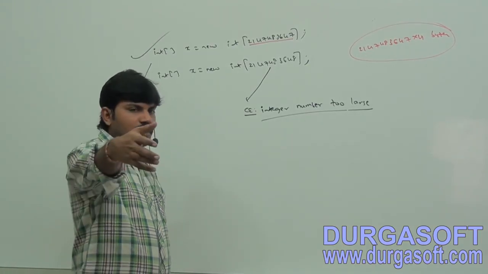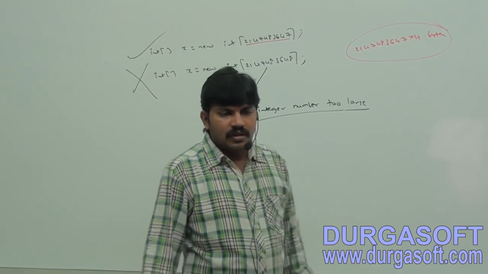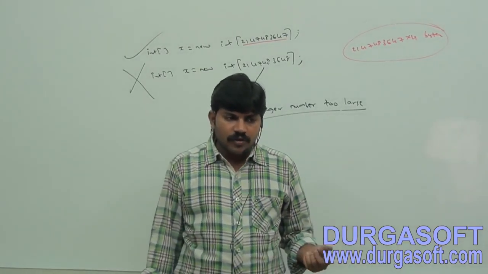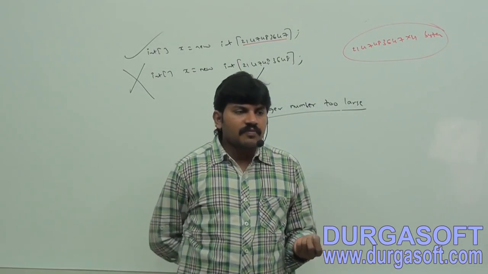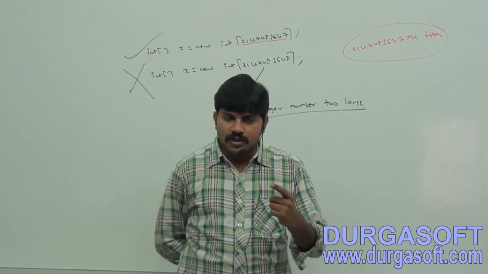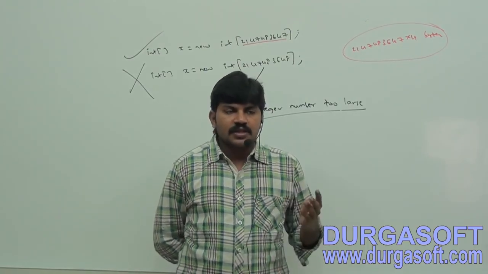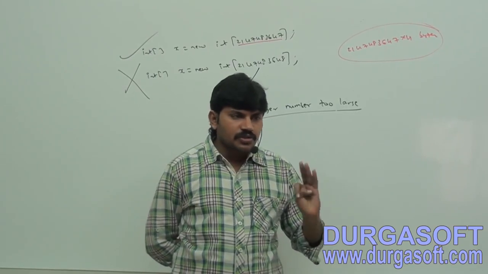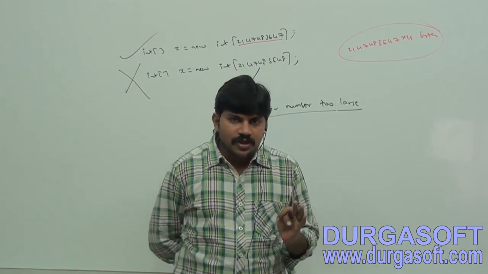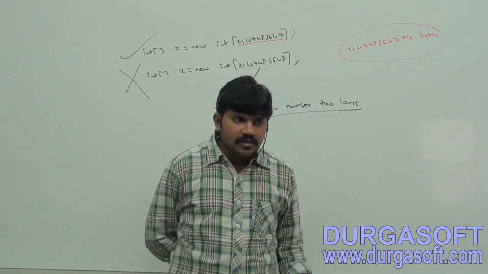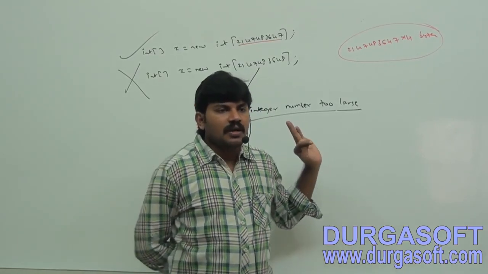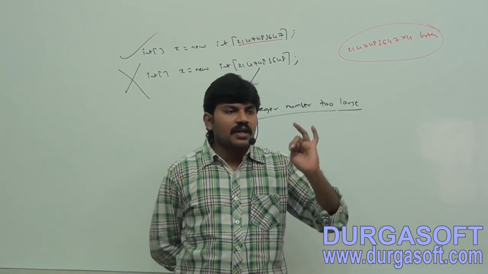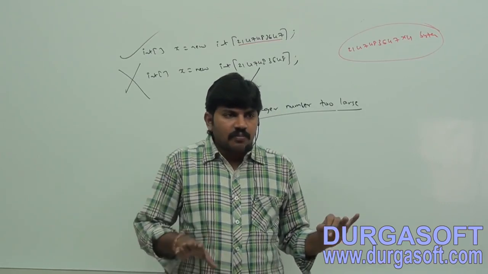Sir, can you spell out what conclusions we covered? There are 4 or 5 conclusions. First, at the time of array creation, we compulsorily should specify the size. Next, it is legal to have an array with 0 size. Next, if you specify the array size with a negative int value, we will get a runtime exception saying NegativeArraySizeException, but there is no compile time error.